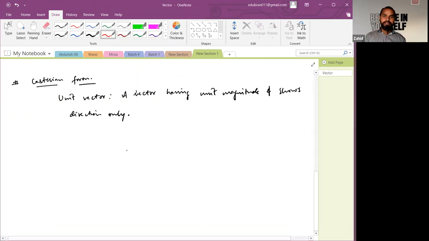Now, in unit vectors we may make two parts. One is called the universal unit vector, or unit vector along coordinate axes.